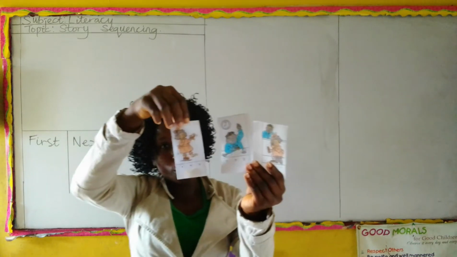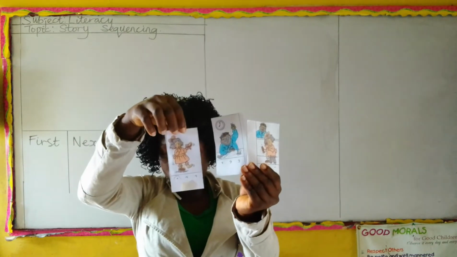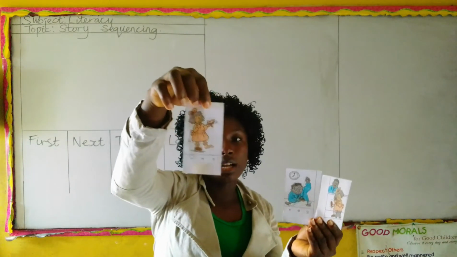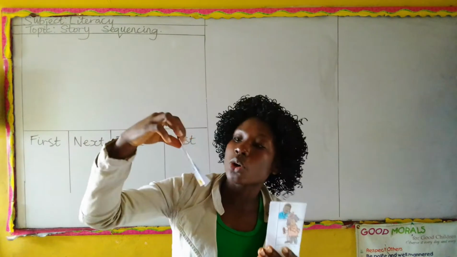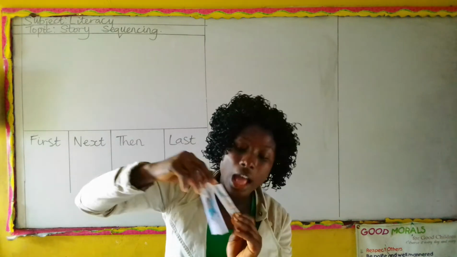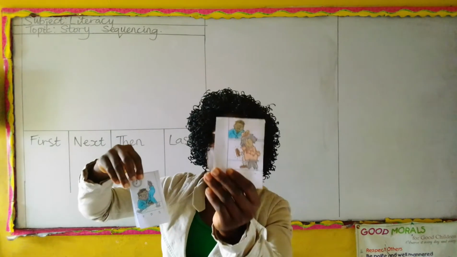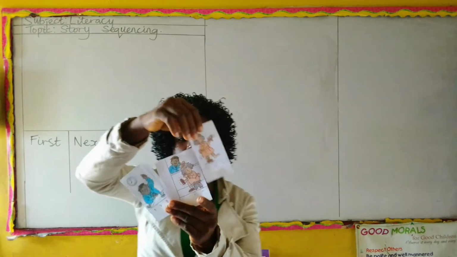So which one should come first? The first one shows the girl, her shoe is spoiled and then it needs to be mended. The second one shows the cobbler mending the shoe, and then the third one shows that a shoe has been mended. So how should it come?